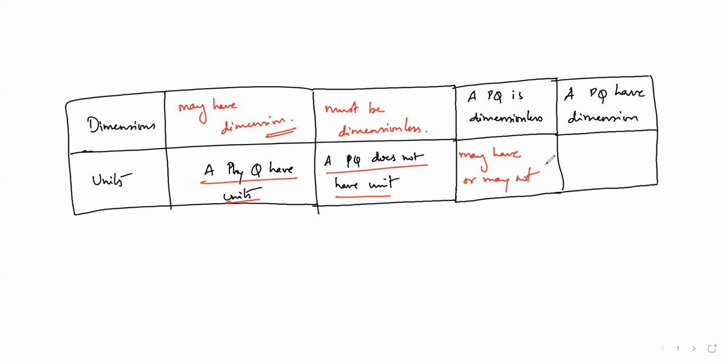A physical quantity has dimension, it must have units. Must have units. Clear? Not only noting down, learn and remember these points. Very, very important points.